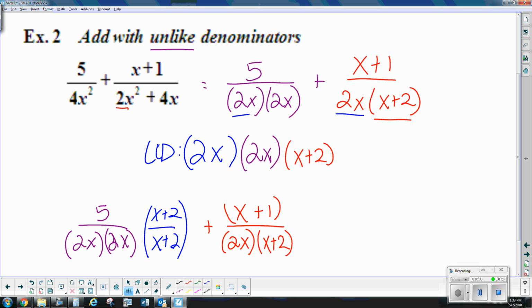Okay, so now my denominator is 2x, 2x, x plus 2. My numerator changes too, but really what I'm focusing on is getting my common denominator. In my second term, I have a 2x already, and I have an x plus 2, so I need to multiply by 2x over 2x. That is the term that's missing from my denominator.